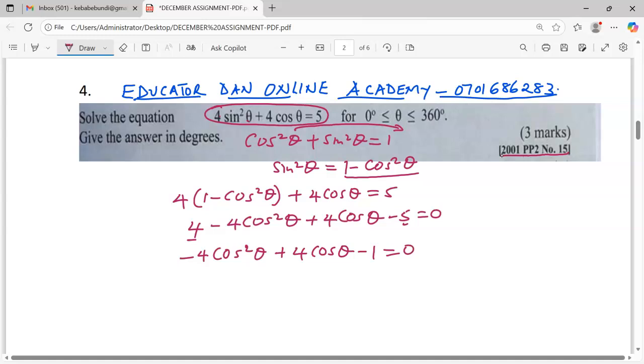If you divide all through by negative 1, we are going to have 4 positive, that is 4 cos squared theta, then minus 4 cos theta plus 1, and this one is going to be equal to 0.